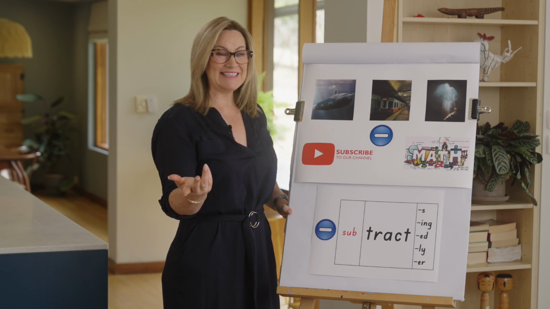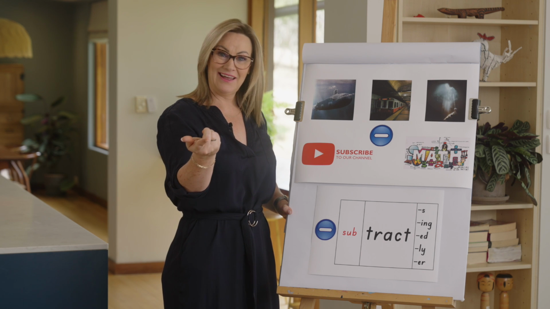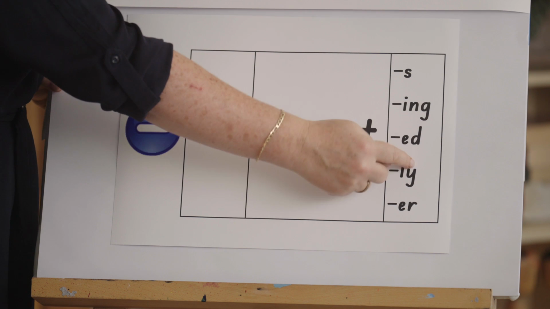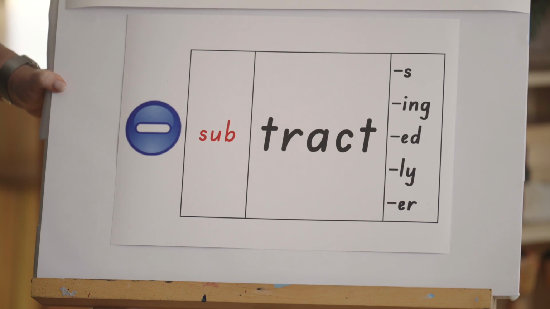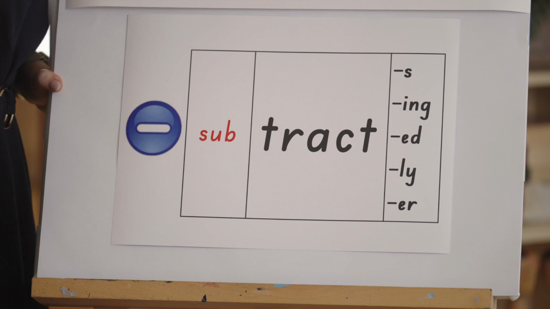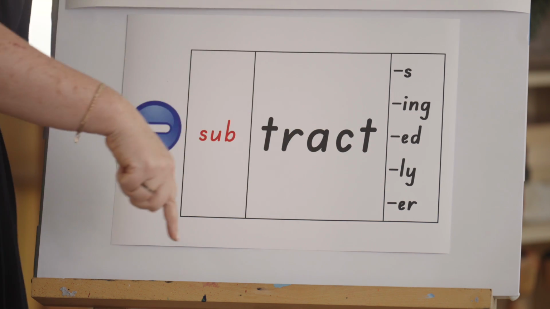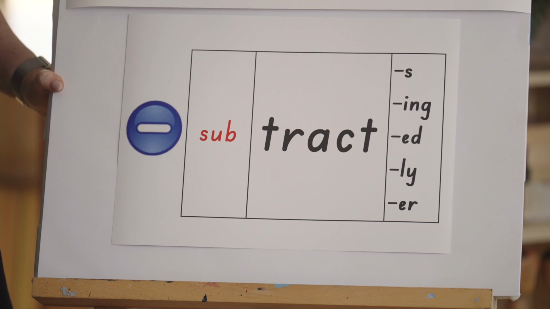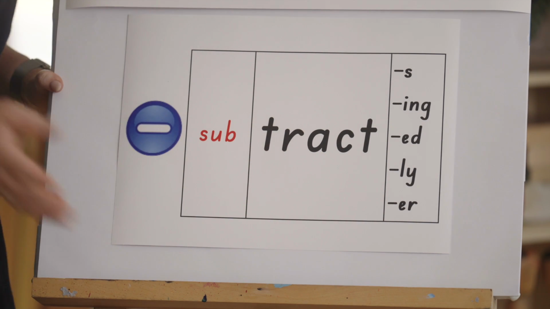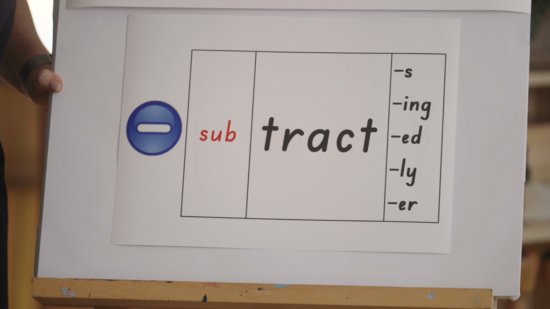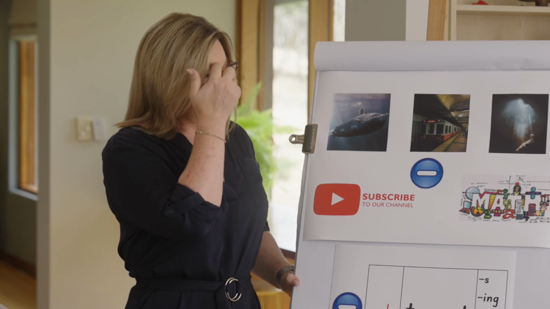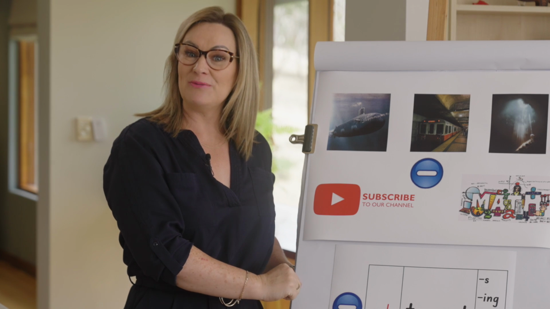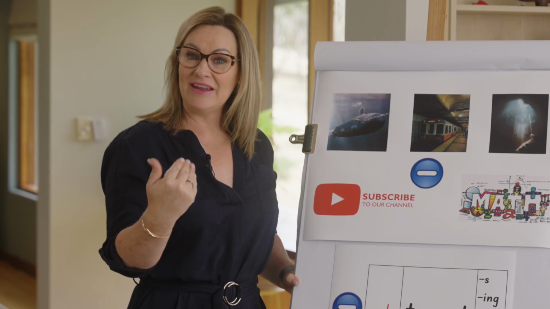Say it again, please. Sub means below or under. Okay, and now we have some of our suffixes that we've learnt previously. So s means plural, ing happening now, ed past tense, ly like or how, and er person, who, or comparison. So pause the video now, try and build as many words as you can, and then we'll come back.